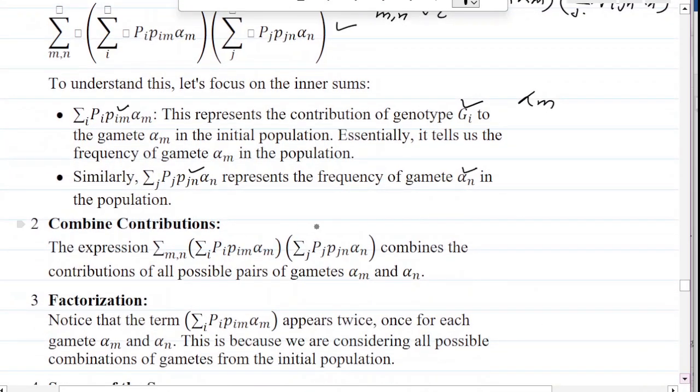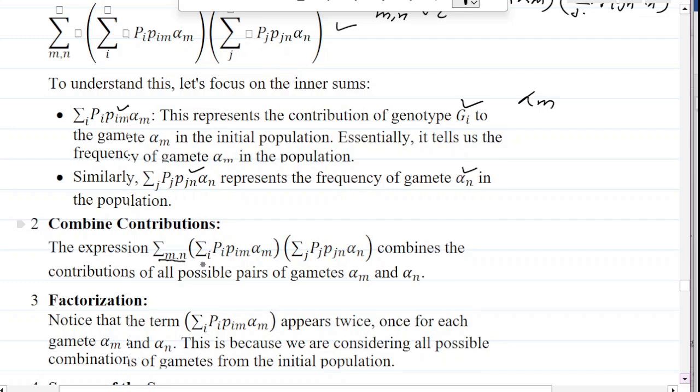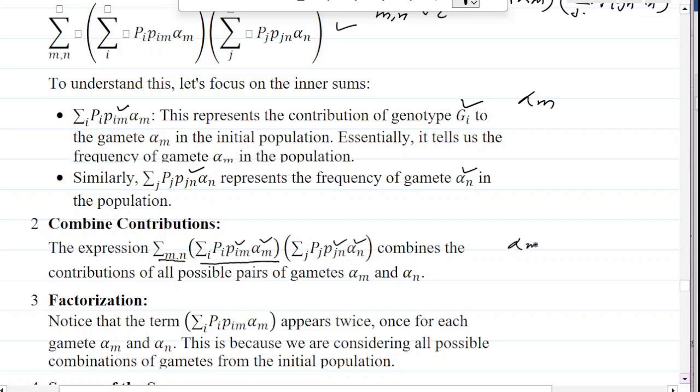Now combine the contributions. This expression, summation over m and n, then summation over i of Pi Pim alpha m, multiplied by summation over j of Pj Pjn alpha n, combines the contribution of all pairs of gametes alpha m, alpha n. Now we will factorize it.